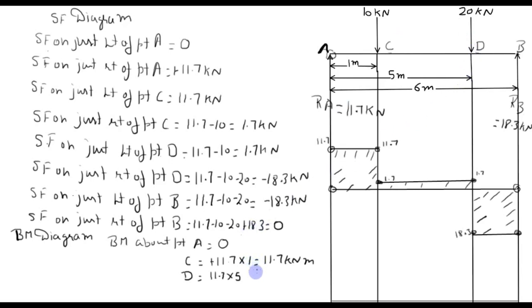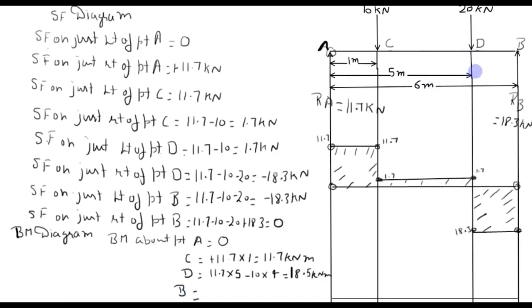Next is 10 kilonewton at a distance of 4 meter. It tends to rotate the beam in anti-clockwise direction about point D. So the net is 18.5 kilonewton meter.